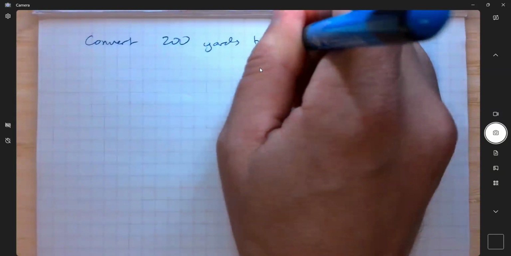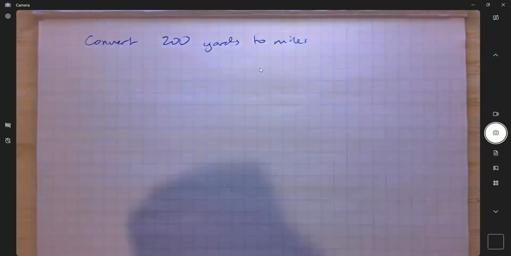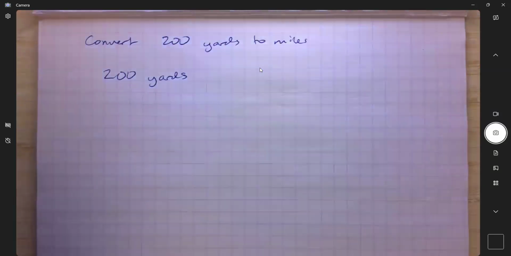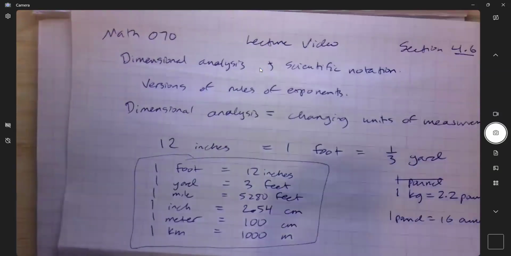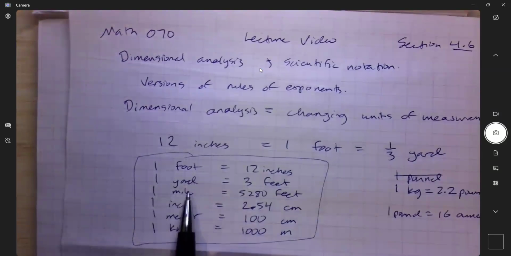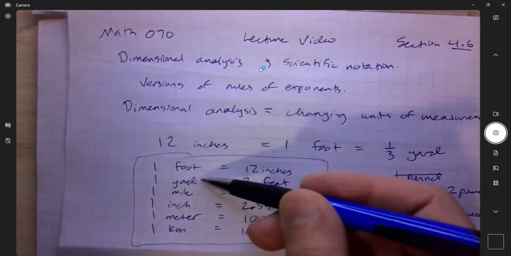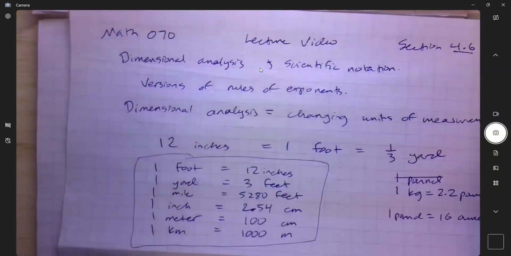Okay, let's do one that's a little more challenging because it's going to involve multiple steps. So let's convert 200 yards to miles. So again, I start with yards, and I want to end with miles. But if I look at my table, I don't go from yards directly to miles. I have to go through feet first. I have to go from yards to feet and then to miles.